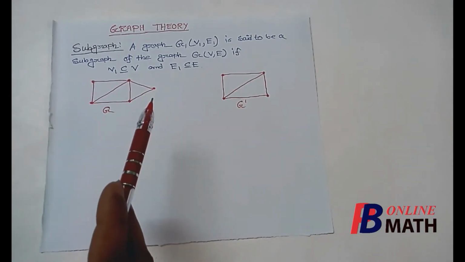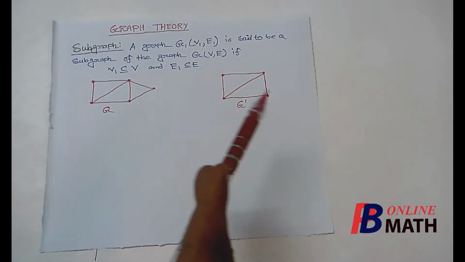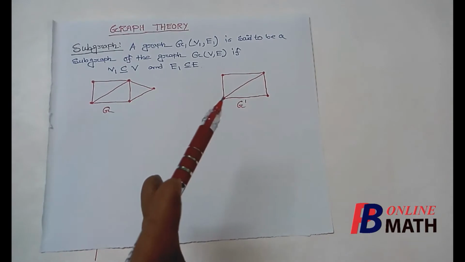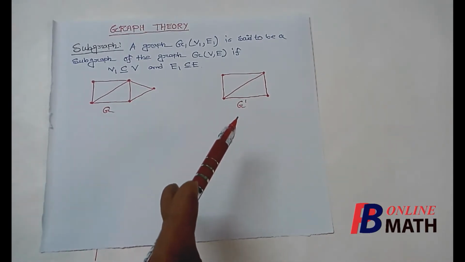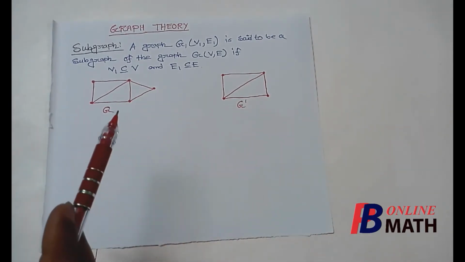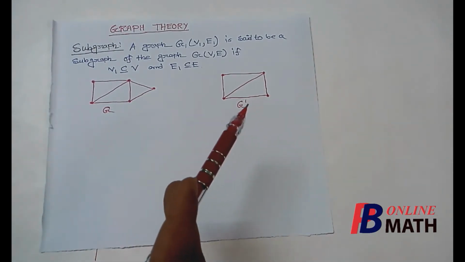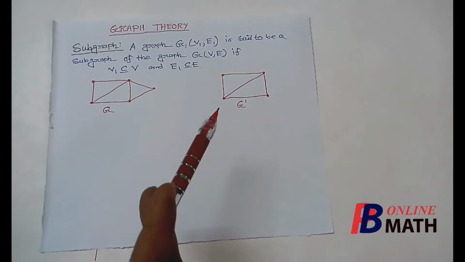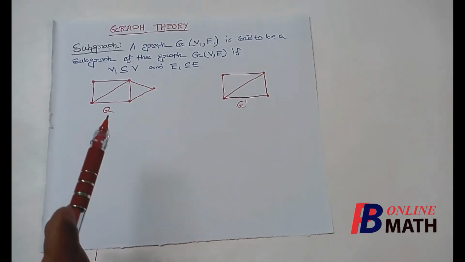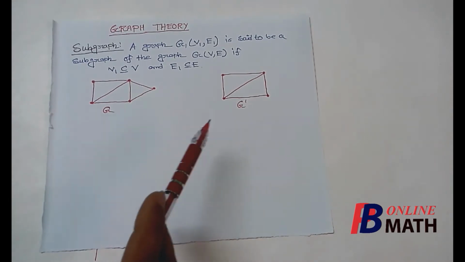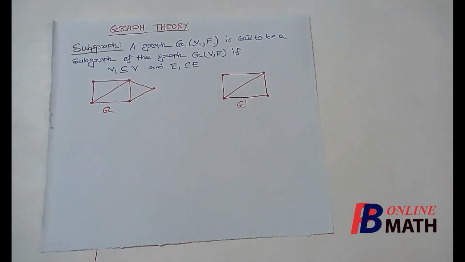So this fifth vertex is missing, and also these two edges are missing. So the set of vertices of G dash is a subset of the set of vertices of G, and also the set of edges of G dash is a subset of the set of edges of G. So G dash is called a subgraph of the graph G.